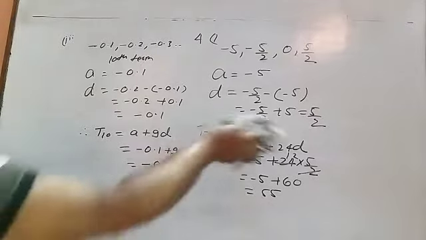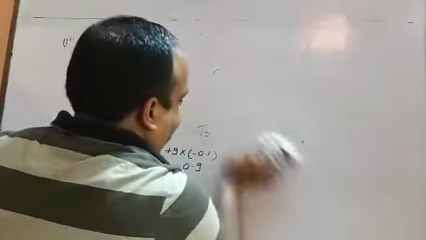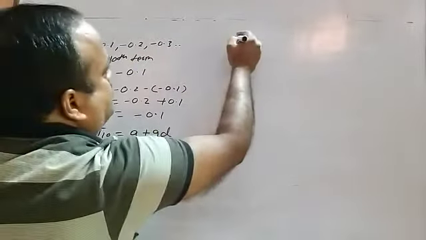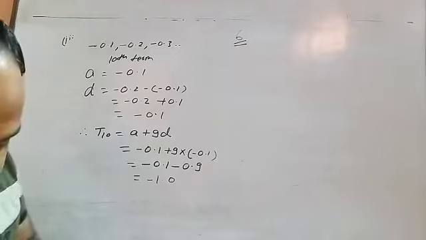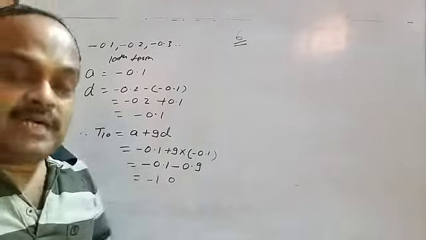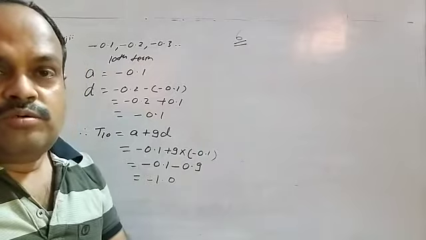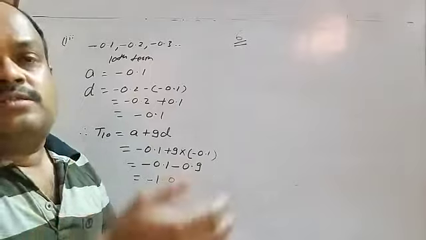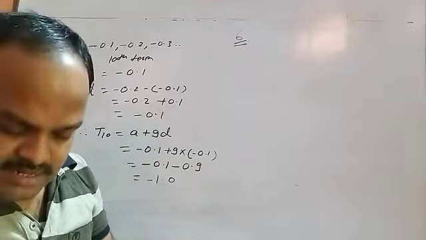Question number 6. What is the common difference of an AP? I have told you how to find the common difference. What we need to do? We need to subtract the first term from the second term, or second term from the third term, or third term from the fourth term.